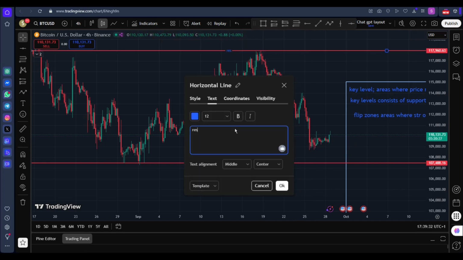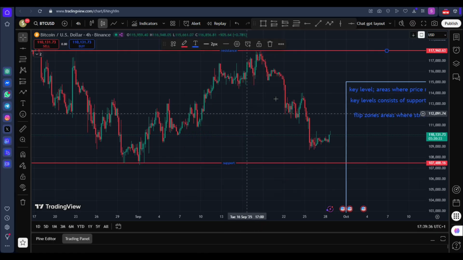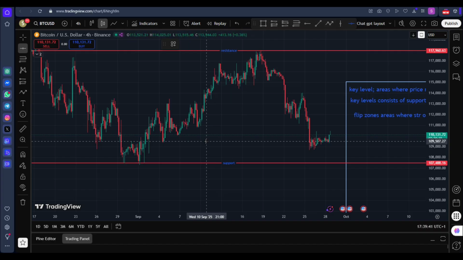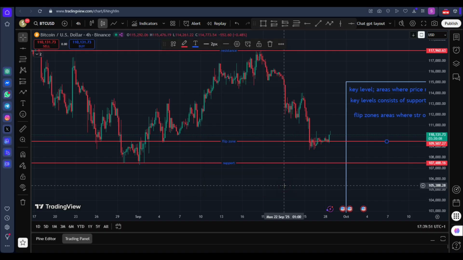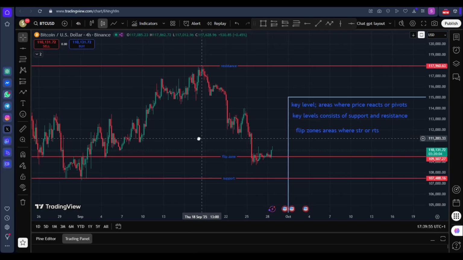Up here we have resistance. And if you look closely at that place I described before, you can see our flip zone.